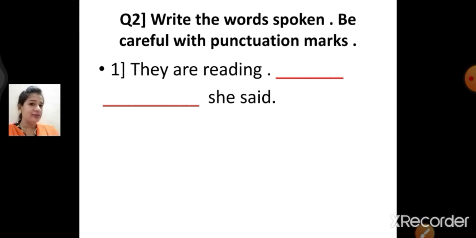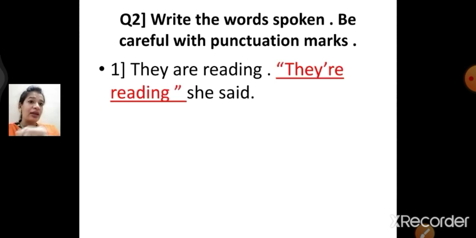Very good. They're reading, she said. Now you have to use apostrophe in the proper place and double inverted commas properly.